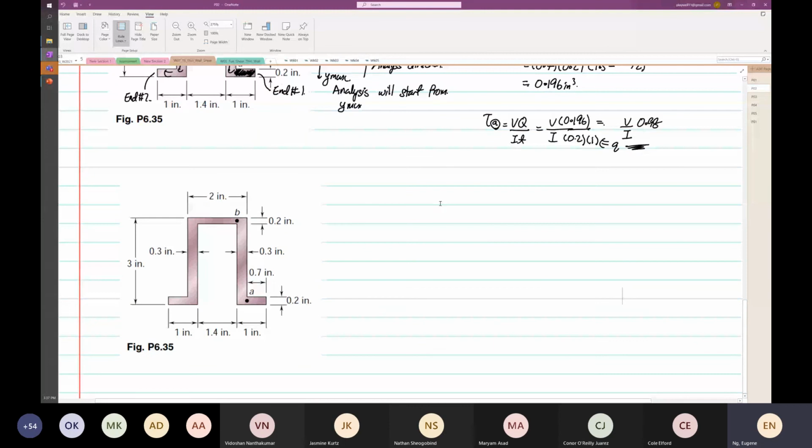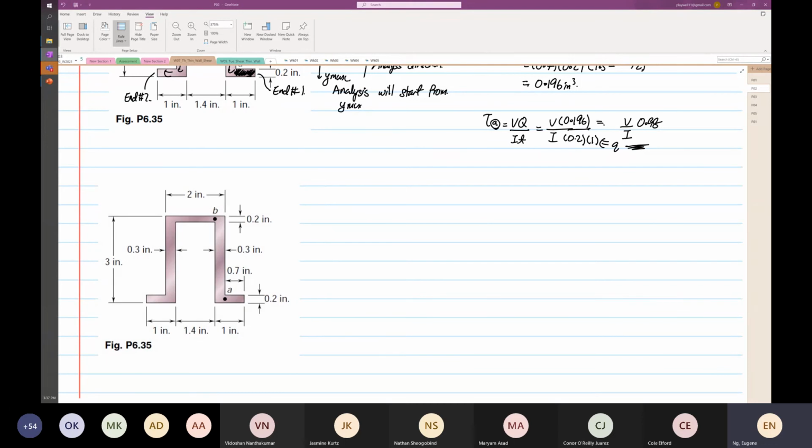So now we're going to find... I'll try to do this on one page, so you can compare and contrast.